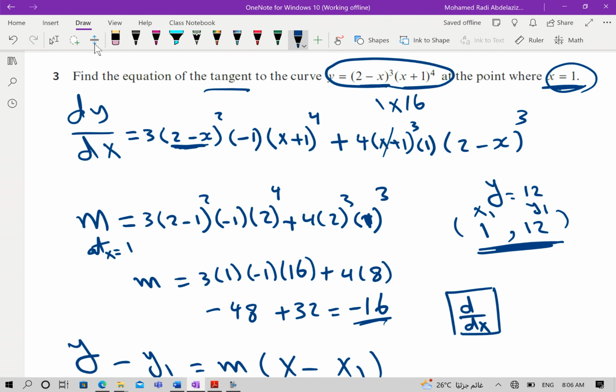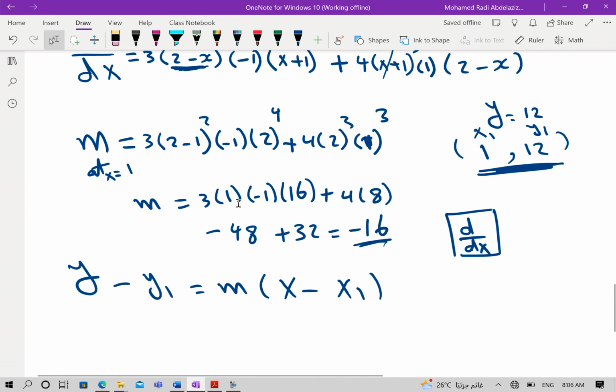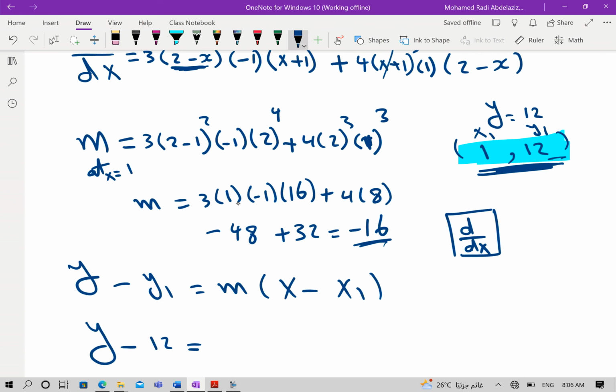Now, to get the equation of the tangent: y minus y1, where the point y1 is 16, equals m, which is negative 16, times x minus 1. This is the final answer.